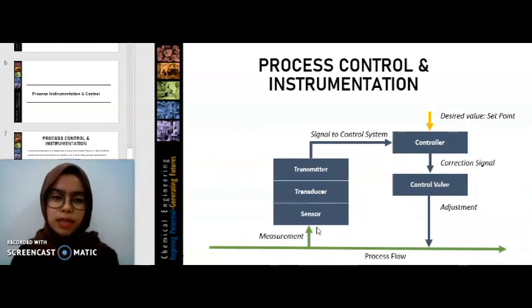The sensor measures the process variable from the process flow, and the transmitter sends the information to the DCS controller located in the control room. Then the controller checks if the process variable agrees with the set point. If not, it will send a corrective signal to the control valve, which will make adjustments in the process flow to match the process variable to the set point.